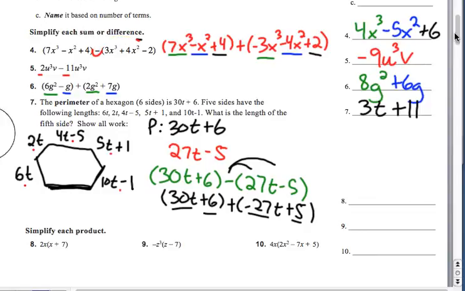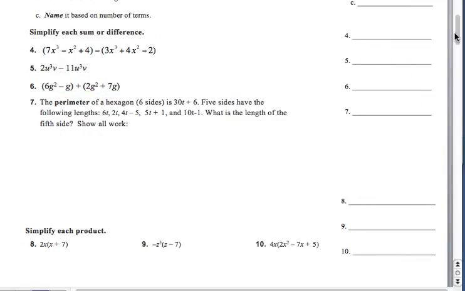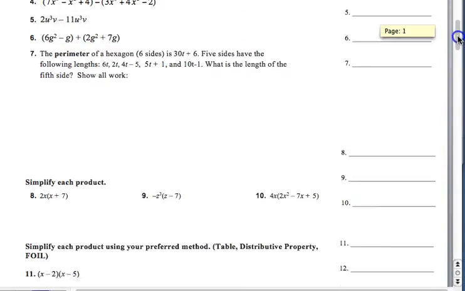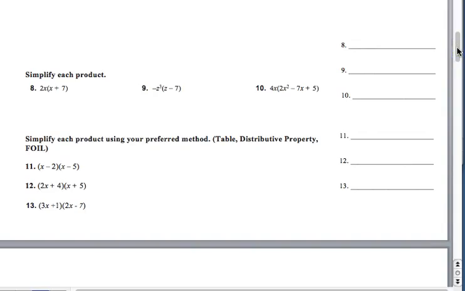All right, moving right along. In the next set, simplify each product. So when simplifying products, we're talking about multiplication.